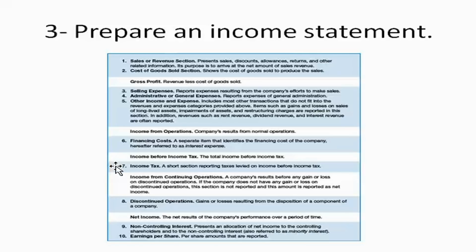Then I will deduct income tax to get income from continuing operation. And then we have another part اللي هو discontinued operation هي gains or losses resulting from the disposition of component of a company. Then I will get the net income.